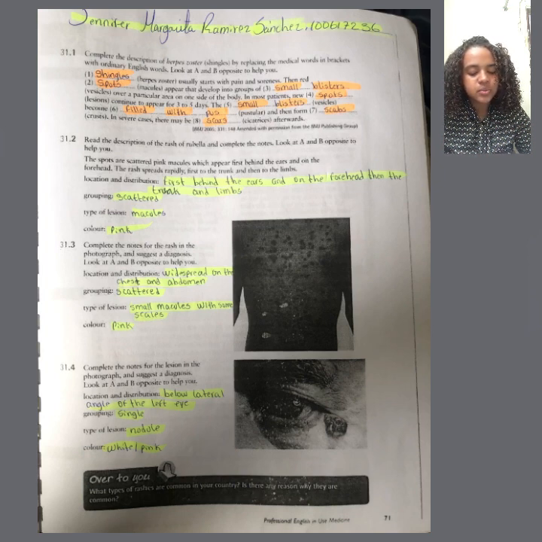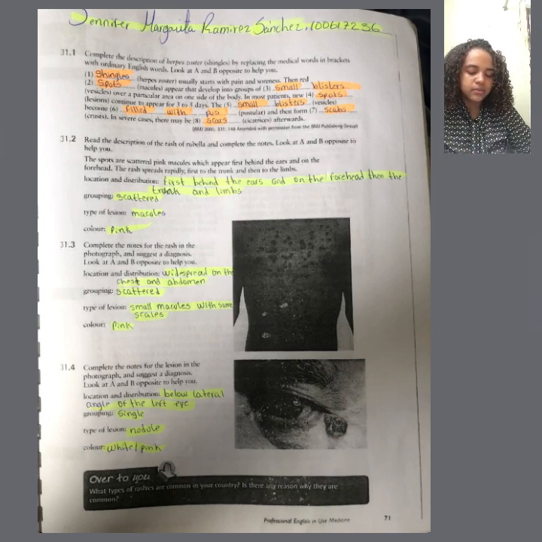The rash spreads next to the throat and then to the limbs. Location and distribution: behind the ear and on the forehead, then the throat and limbs. Grouping: scattered. Type of lesion: macule. Color: pink.